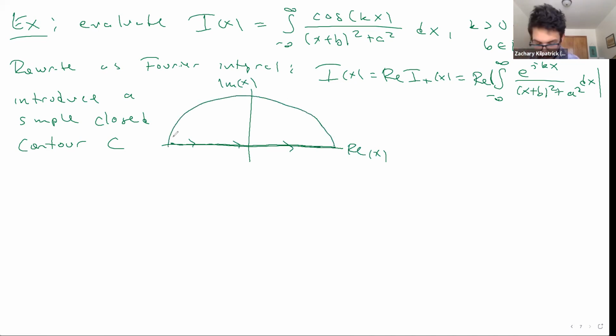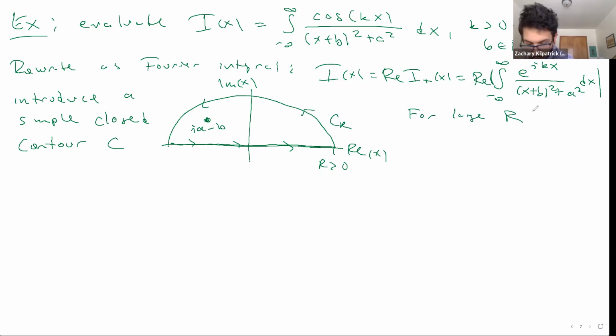Let's take it large, but not infinite, so that we can draw this kind of half circle. Here's some R greater than 0, and here's some curve, which we'll call C_R, that wraps back around. Here's a pole for that function that lives inside, ia minus b. If we find the roots of this polynomial, this is going to be one of them, and it's the only one that lives inside.